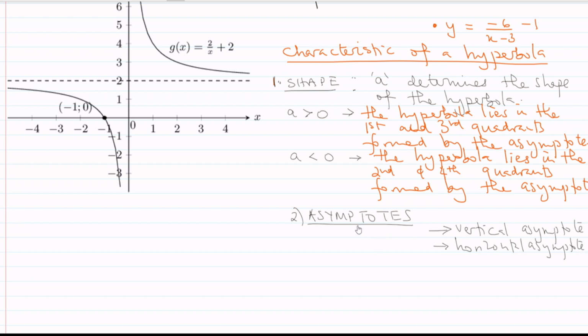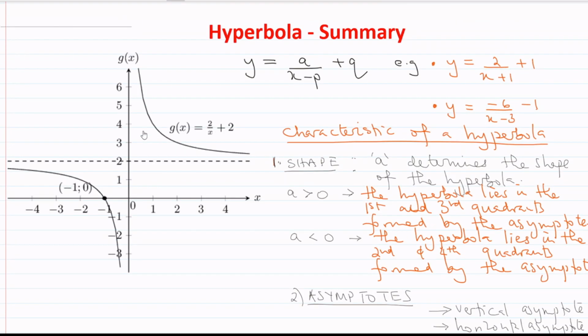Now, the vertical asymptote is given by this letter that we have here.